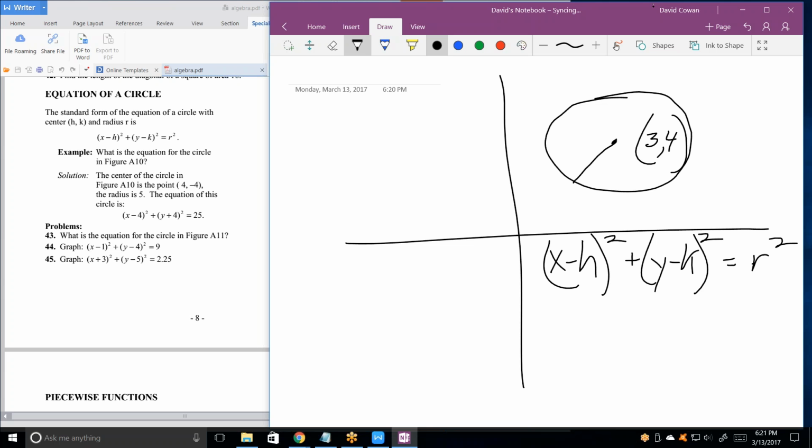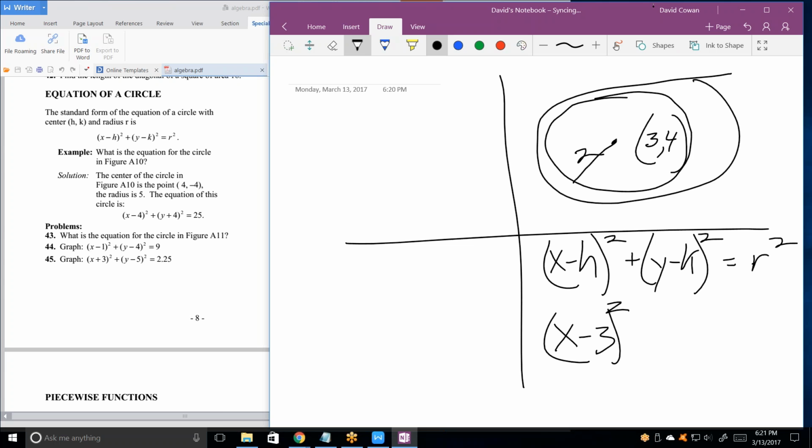So let's say this had a radius of 2. So what's the equation of that circle? The x minus 3 squared plus y minus 4 squared equals 2 squared.